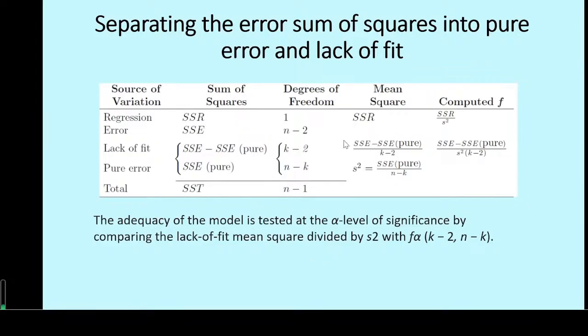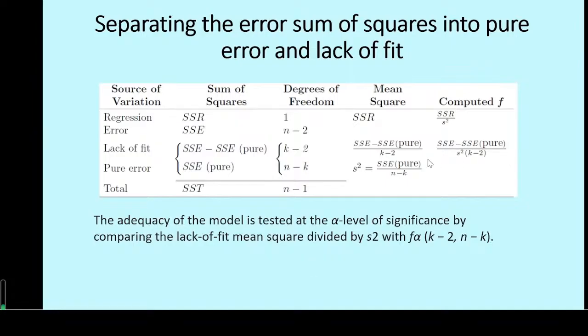And the lack of fit is the difference of these two parts divided by its degrees of freedom. This is the F value, because these two parts both have chi-square distributions with degrees of freedom, and the division of these two parts, each divided by its degrees of freedom, will follow an F distribution.